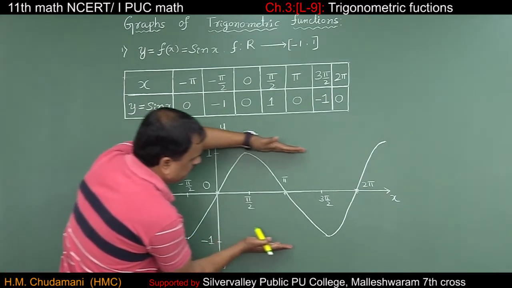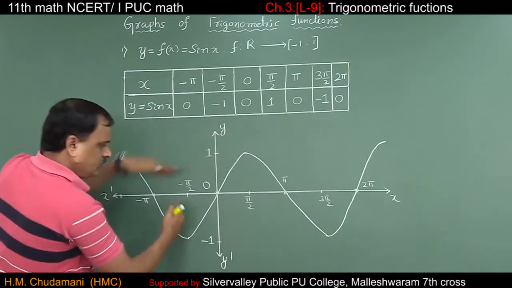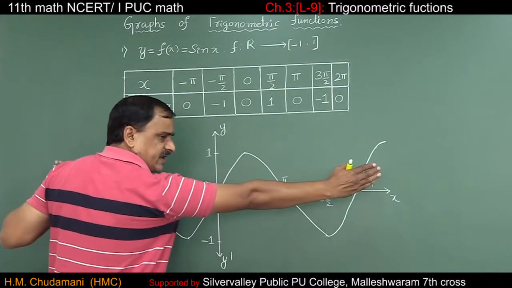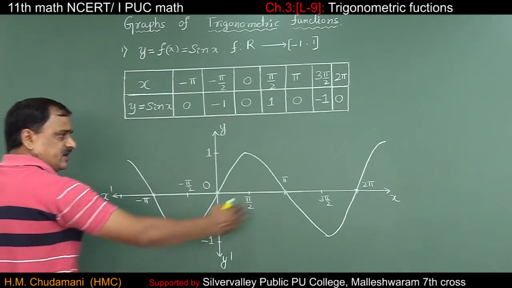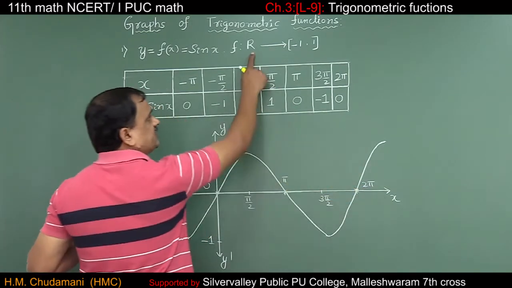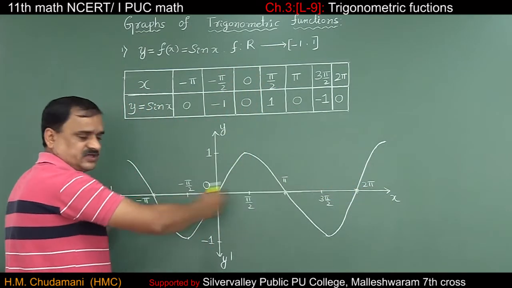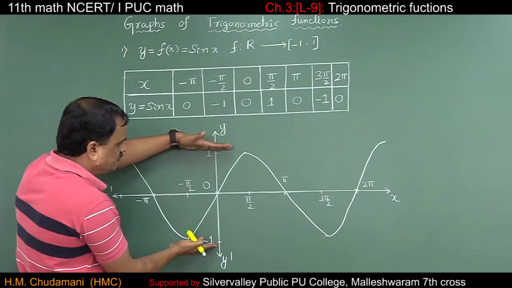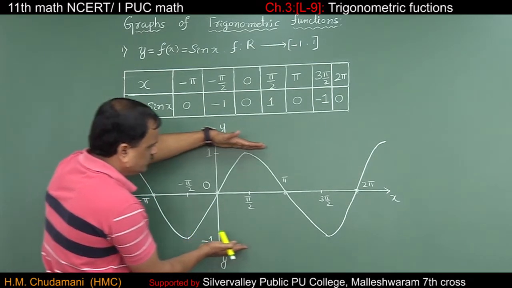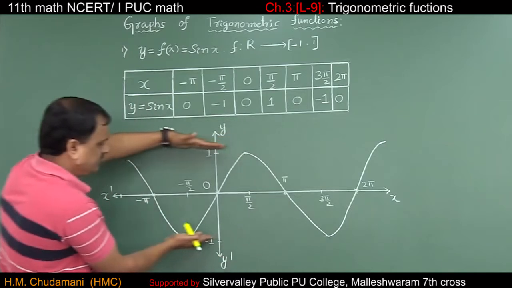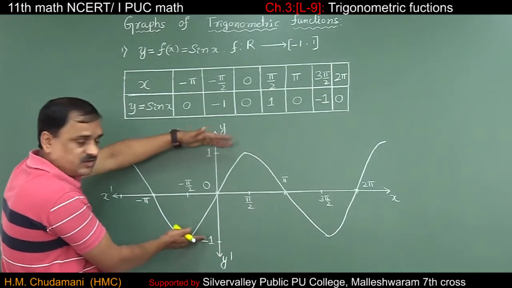It is between minus 1 and plus 1. Whatever value you take for x, x can take up to plus infinity and minus infinity. Minus infinity to plus infinity means it is the set of real numbers. And the value of y, the codomain, is minus 1 and plus 1. So it won't go beyond minus 1 and plus 1.